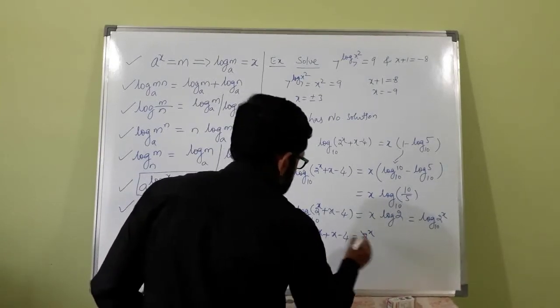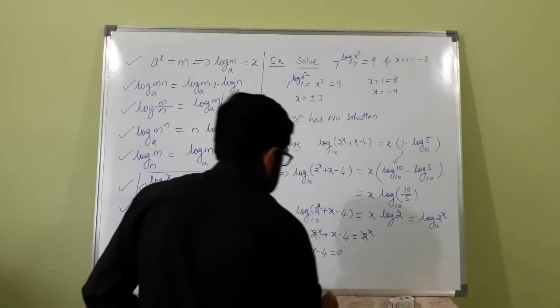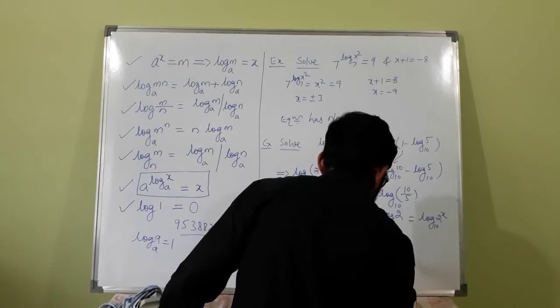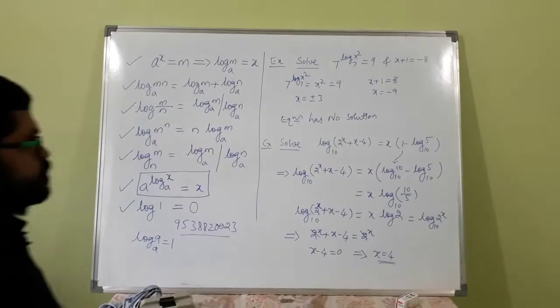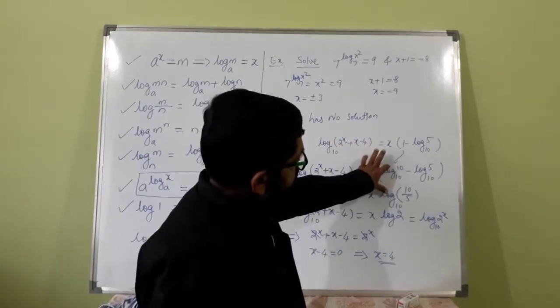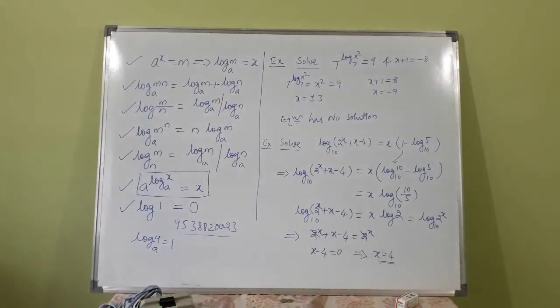So 2 raised to x gets cancelled, x minus 4 is equal to 0, which implies x is equal to 4. You got it? Only thing is you have to express 1 as this, then apply the formula. Such kinds of examples can be solved if you practice many examples, then only you will get such ideas.